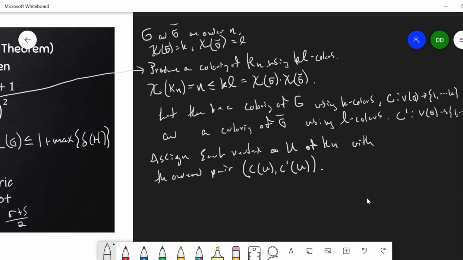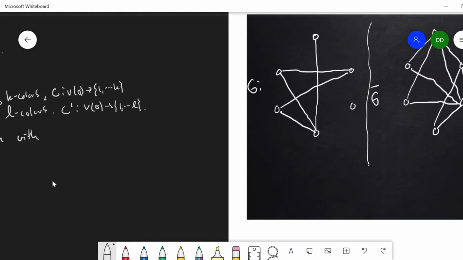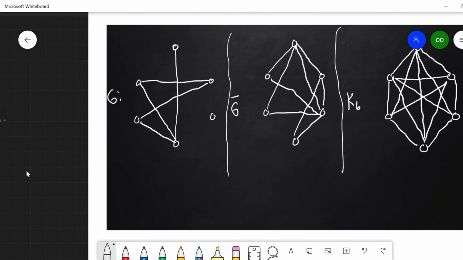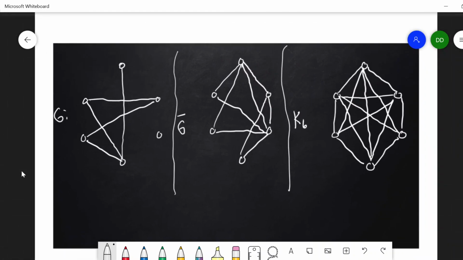All right, so what does this look like? Let me look at an example here. So let's say G has six vertices. G complement has 6 vertices. So I take a coloring of G. Let's do a coloring of G. How about 1, 1, 2, 1, 2, and maybe 1 again.